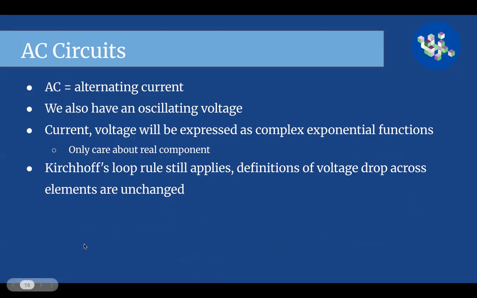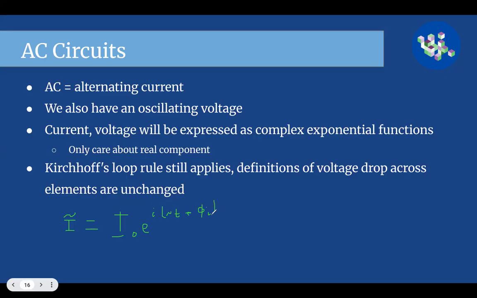AC, okay, that means alternating current. Because we have an alternating current, we also have an alternating oscillating voltage. So for alternating current or oscillating voltage, we represent each of them as complex exponential functions. Basically, we can say I, and usually for AC we'll put that curly thing on top, equal to I0 e to the i times omega t plus some phase shift for the current.